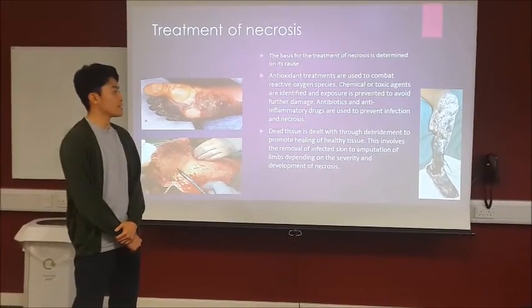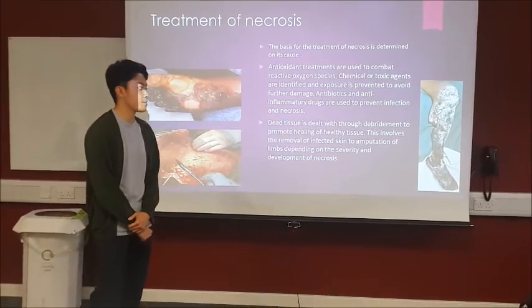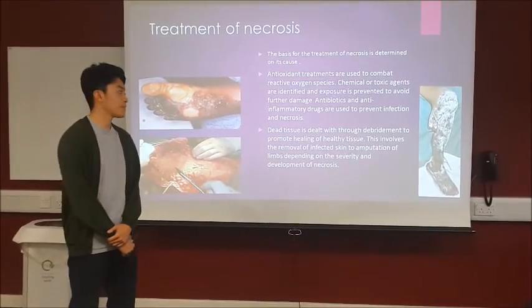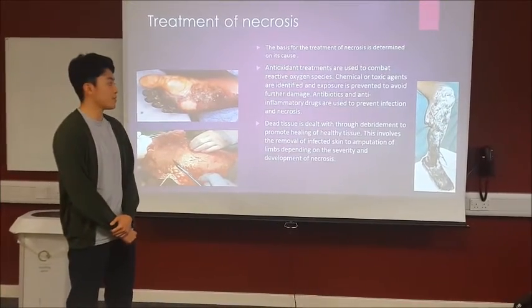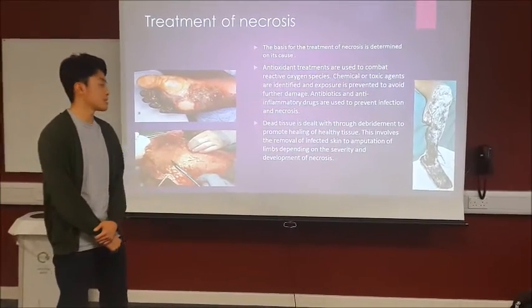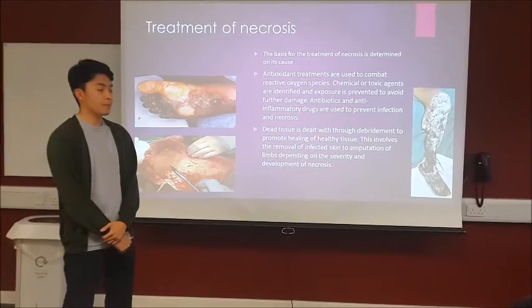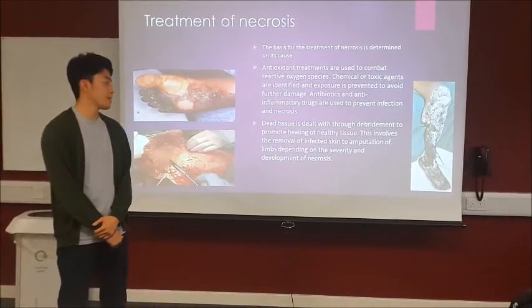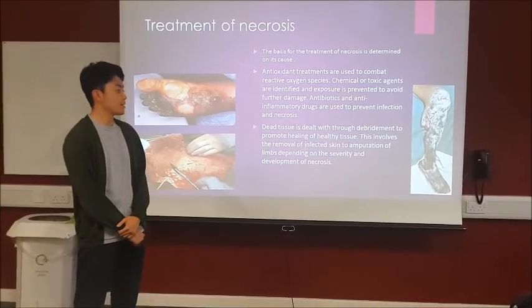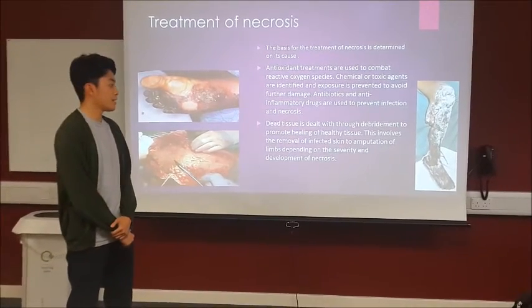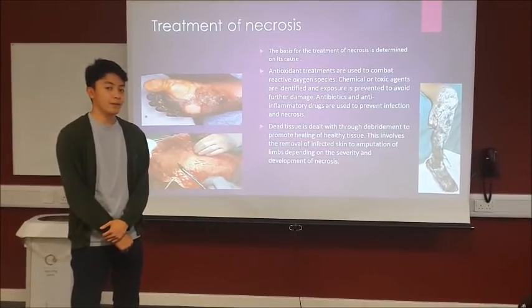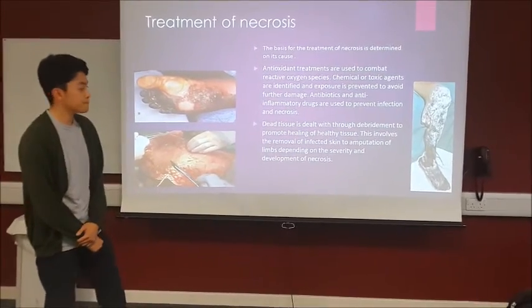Chemical or toxic agents are identified and exposure is prevented to avoid further damage. Antibiotics and anti-inflammatory drugs are used to prevent infection and necrosis. Dead tissue is dealt with through debridement to promote healing of healthy tissue, and it ranges from the removal of infected skin to amputation of limbs depending on the severity of necrosis.